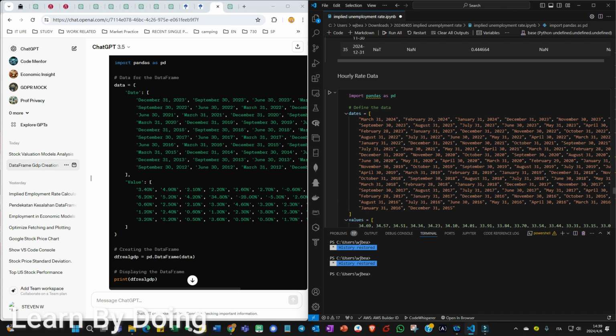To further add an additional data frame to this visualization, I added the hourly rate data.